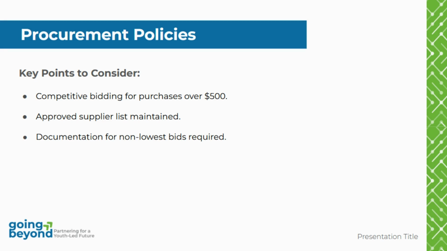Second, the procurement team is responsible for maintaining an approved supplier list and ensuring that goods and services meet the required specifications. Third, for any instance where the lowest bid is not selected, the rationale must be documented and filed with the procurement records. These measures prevent favoritism, ensure quality, and maintain cost-effectiveness.